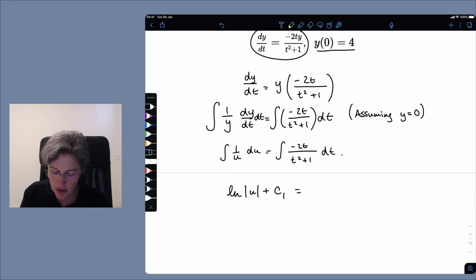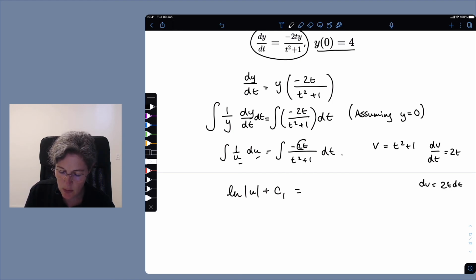And now we need to integrate minus 2t over t squared plus 1. You'll see that if you use the substitution, I'm going to call it v because I've already used u over here, v is equal to t squared plus 1. Then we have dv by dt is equal to 2t. So that tells us that dv is equal to 2t dt.